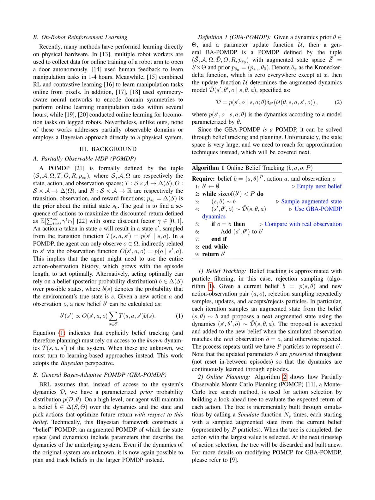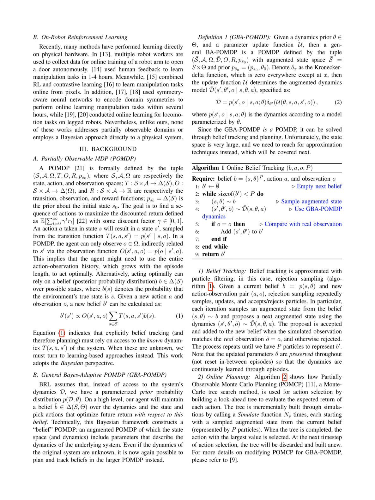Definition: GBA-POMDP. Given a dynamics prior and a parameter update function U, a general BA-POMDP is a POMDP defined by the tuple with augmented state space S̃ = S × Θ and prior. Denote δ as the Kronecker delta function, which is 0 everywhere except at the given point.